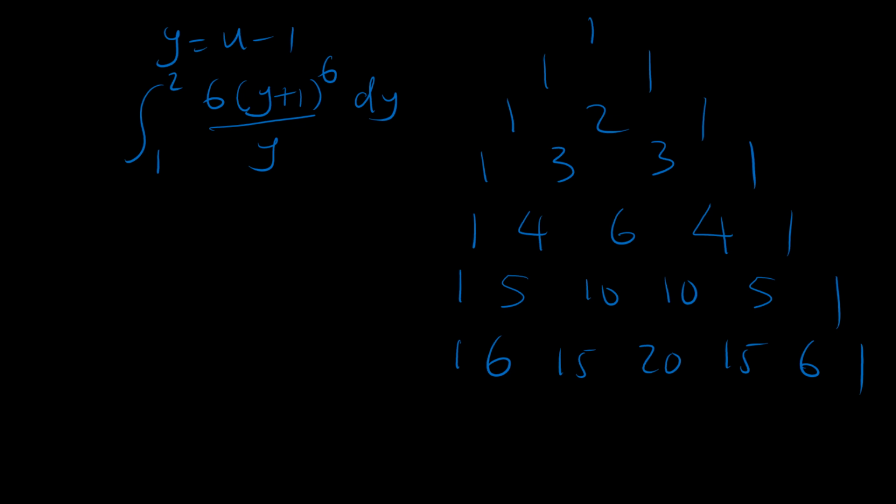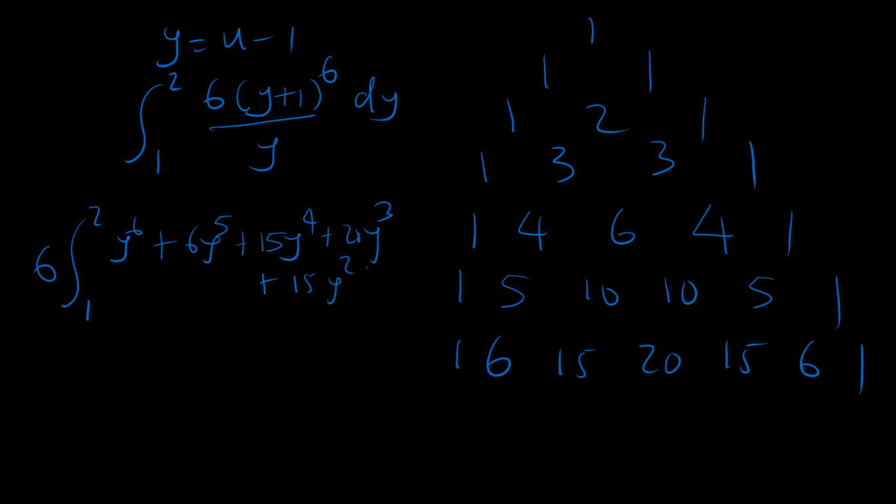So essentially what we have here is the integral from y equals 1 to y equals 2 of y to the power 6 plus 6y to the 5 plus 15y to the 4 plus 20y to the 3 plus 15y to the 2 plus 6y plus 1, all divided by y, dy.